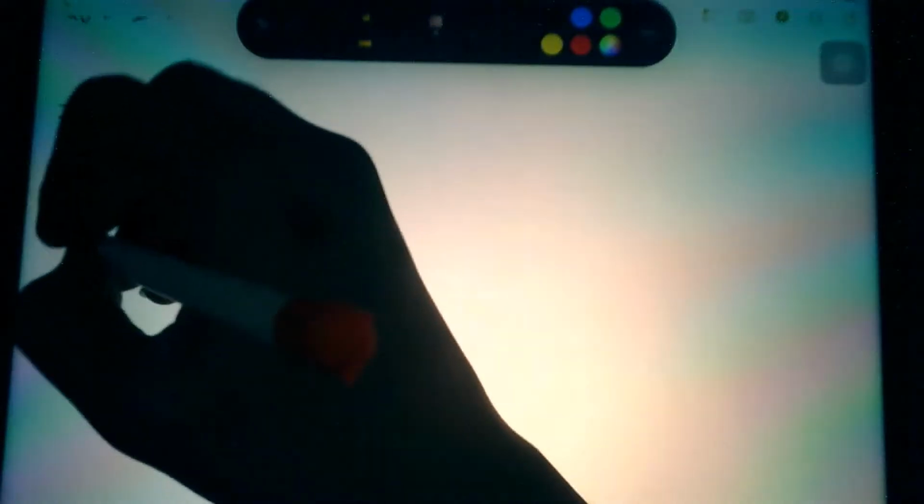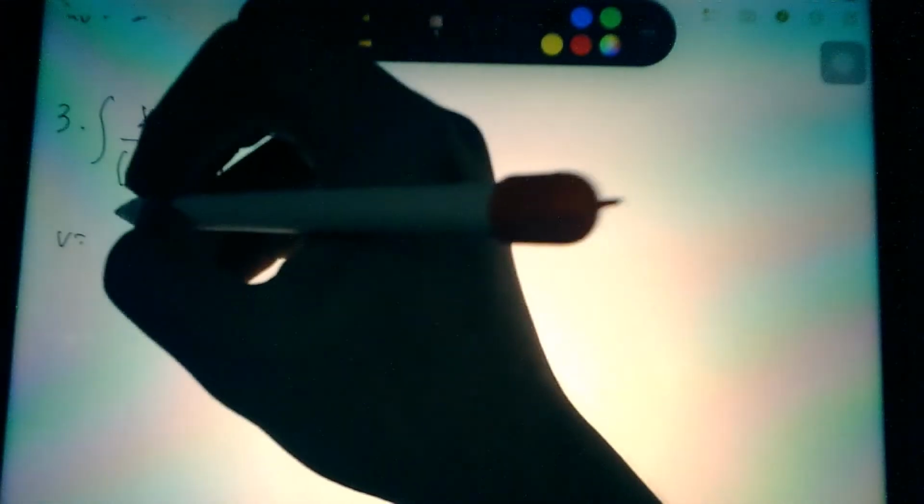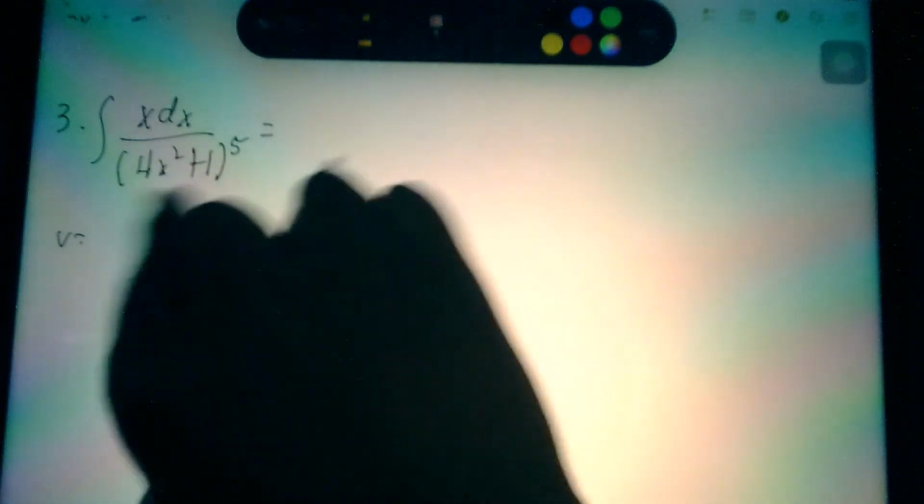Moving on to problem number 3. Let's say we have the integral of x dx over (4x squared plus 1) raised to 5. Our u here is 4x squared plus 1, as I mentioned earlier.